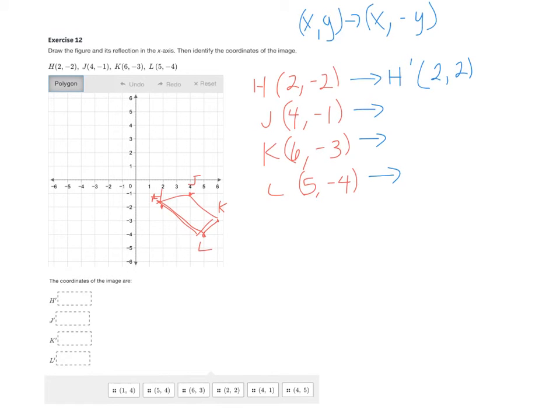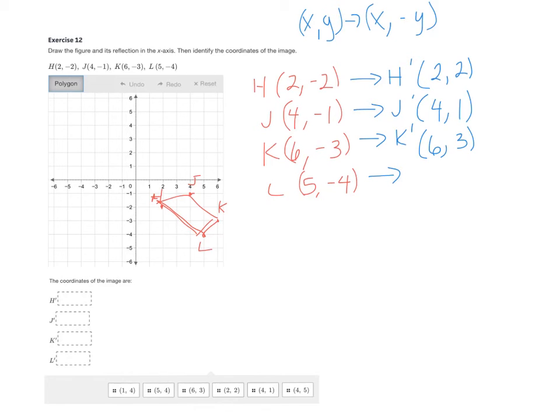H prime is 2, 2. J prime, x is going to stay the same, so this is going to be 4, and the opposite of -1 is +1. K prime, 6 is going to stay the same because that's our x value. The opposite of -3 is +3.